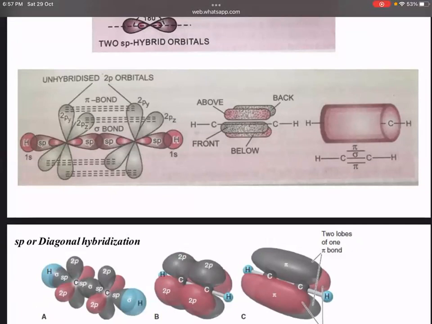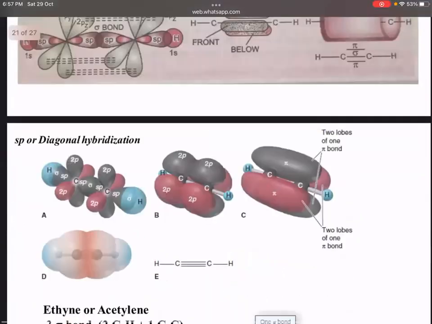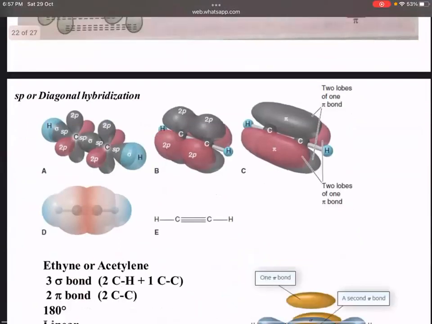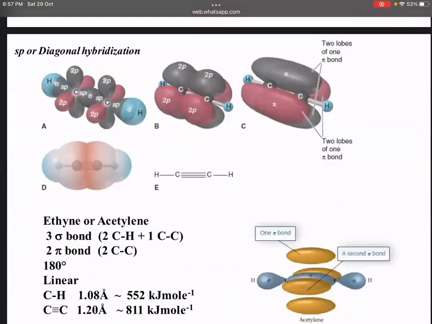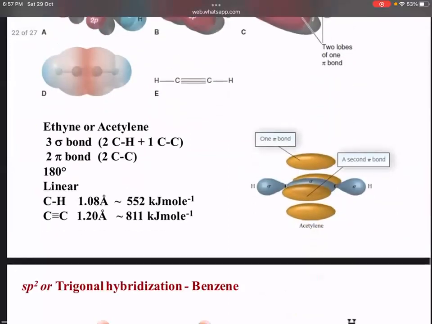So here this is the sp hybridization. If you take beryllium chloride, this is the case, but the only difference is beryllium does not have pi bonds, so you will get a linear shape. Whereas ethylene and acetylene have the pi bond above, below, front, back. So now it becomes the triple bond, no?